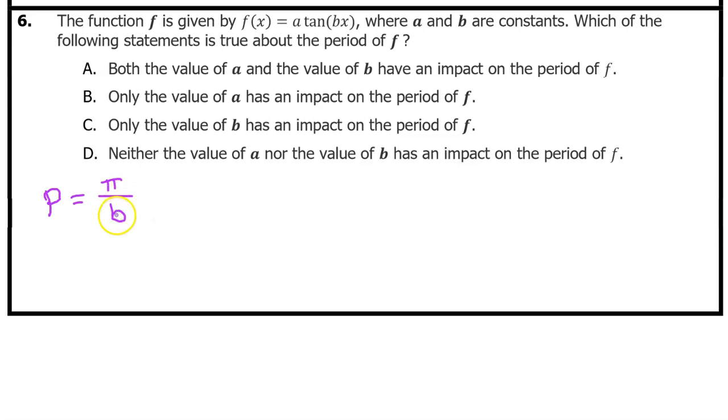So only the b value affects the period, not the a value. The a value is a vertical dilation by a factor of a. Stretching the tangent function vertically has no impact on the period. So the answer is C. Only the b value has an impact on the period of f.